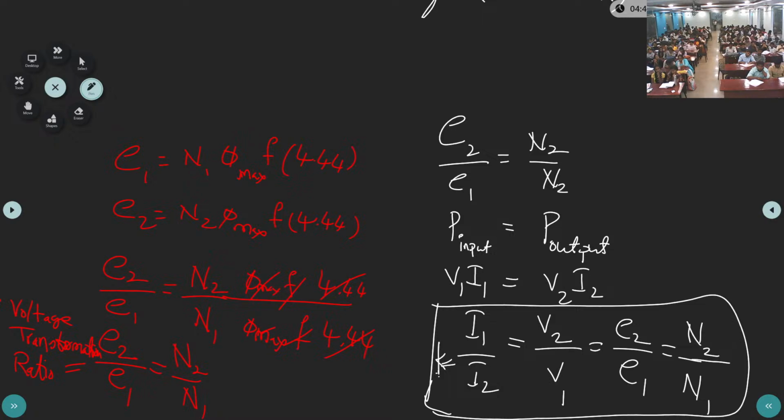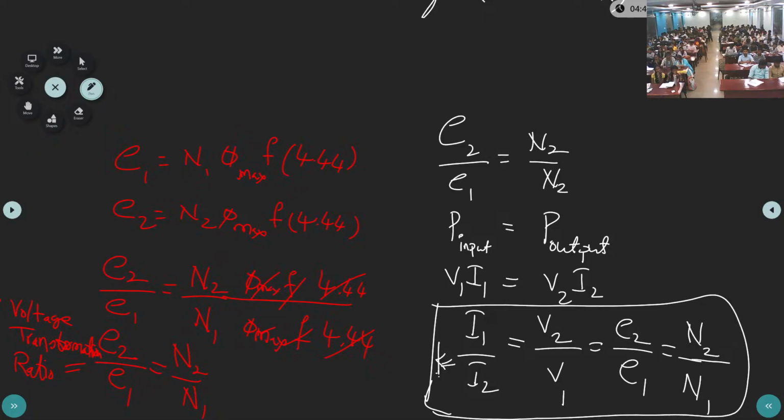Current is different, not I2 by I1. Current is always opposite. E2 by E1 is equal to I1 by I2. E2 by E1 is equal to N2 by N1. Only current is different.